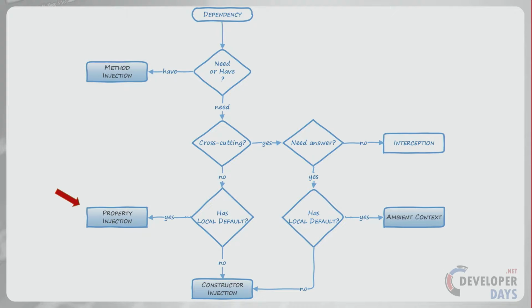If you need to get something out from that dependency, but you don't have a local default, then you are implementing the ambient context. It means that it's accessible everywhere, from any layer, from any component, from any onion slice, whatever you call it. I can always ask that dependency. I can always go to the static property or static method, whatever, and I will get back the value that I need. Time provider, current culture, all that stuff. Sometimes HTTP context as well.